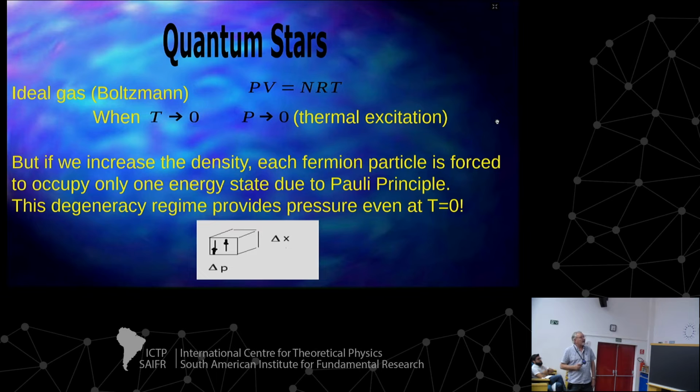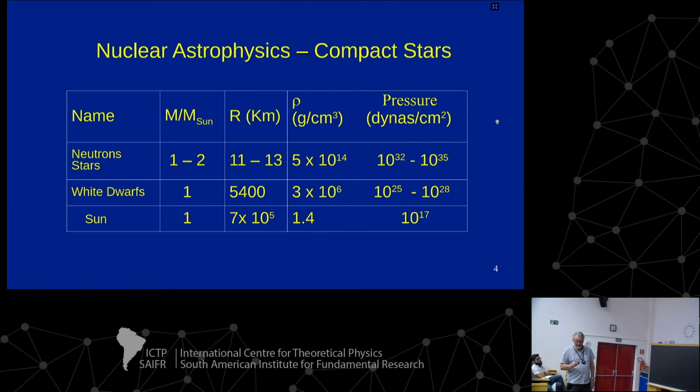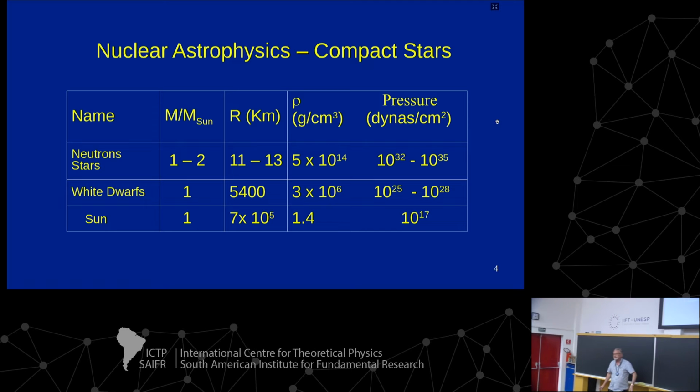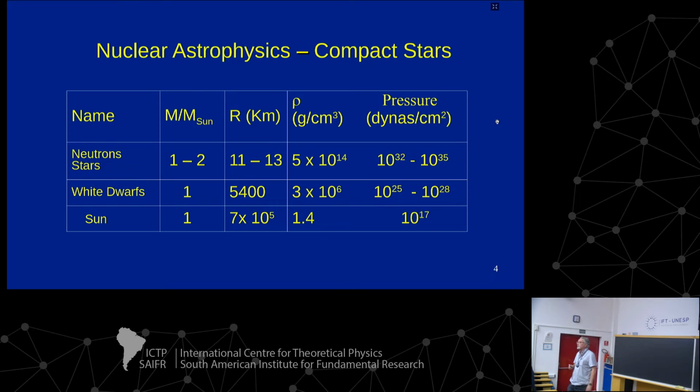This is important. They are quantum stars in the sense that the temperature is not 0, okay? The temperature of a neutron star is 10 to 8 Kelvin, okay? Our sun has 10 to 4, or 10 to 3, 5,000, 6,000. But the density is much higher than the temperature.